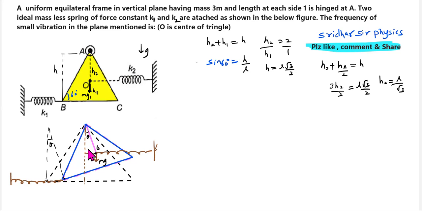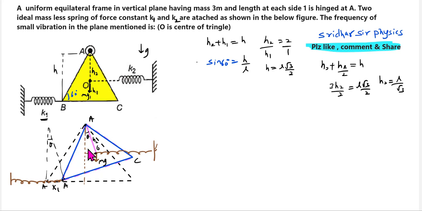This is theta. Okay, this is the x1 elongation of the spring K1. What about x2? x2 will be the compression of the spring. This is H2. This is a point A. Simple ideas. Okay, there's a point C. There's a point A, earlier was here.